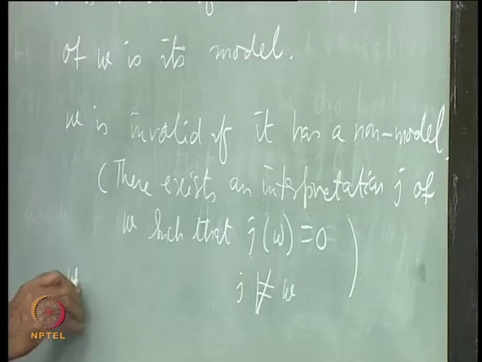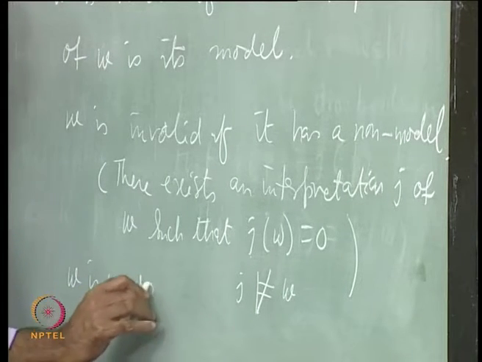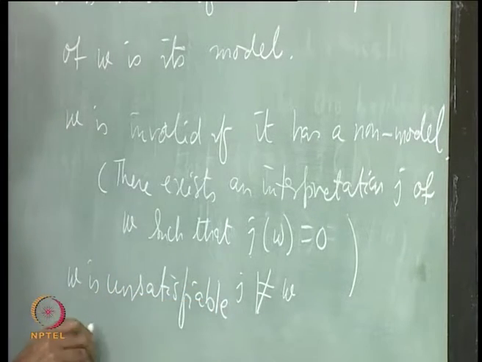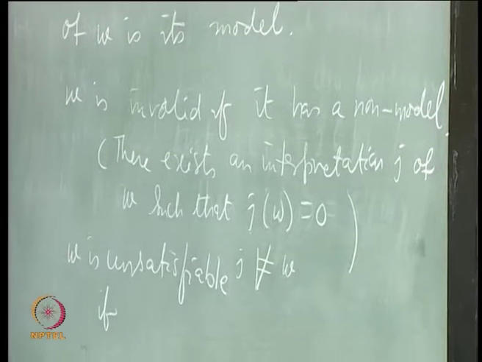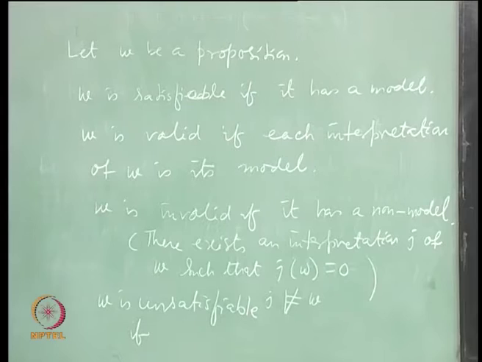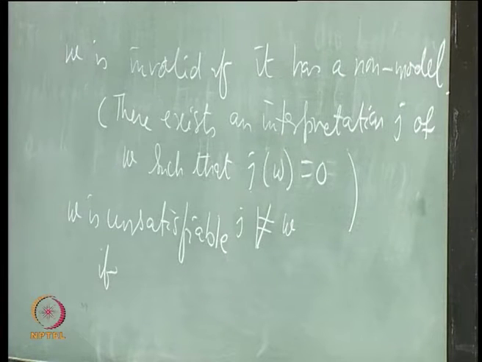We say that W is unsatisfiable if what happens? If it does not have a model. It has a non-model, it does not have a model, these are different, right. You say it has a non-model means there is one which falsifies it.